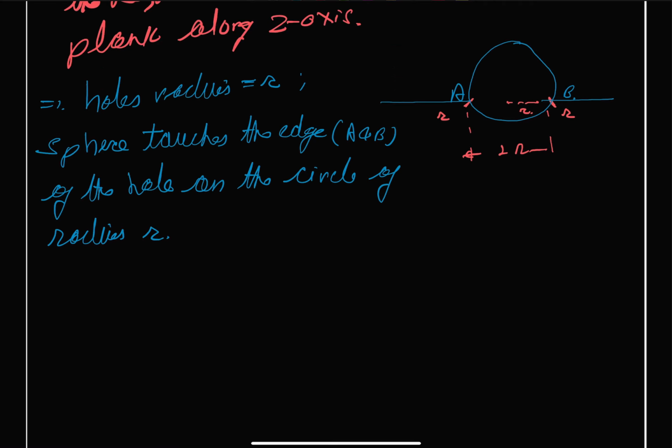So this is nothing but a small circle, something like this. And if this is the center of the sphere, then the sphere is at a height of h. This is basically the untilted state or initial state.